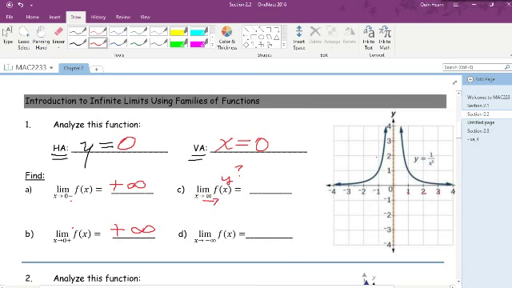What is happening is the function is getting closer and closer to the x-axis, to the line y equals 0. So the y values are approaching 0 on the right side of the graph. That's what this limit is telling us.